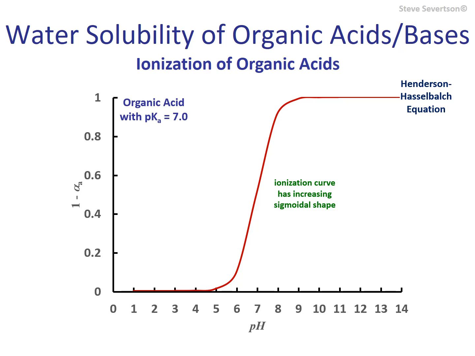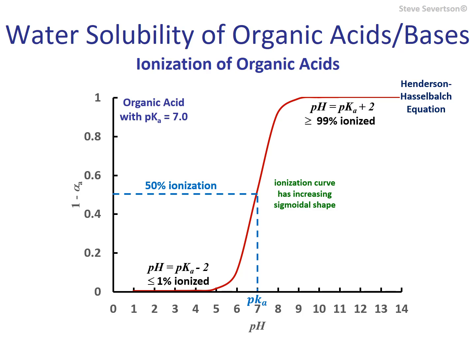Second, when the solution pH is equal to the pKa of the organic acid, it's 50% ionized. Finally, the equation indicates that when pH is 2 units below the pKa value, more than 99% of the acid molecules are in their acid form. And when pH is 2 units above the pKa value, more than 99% of the acid molecules are in their ionized form.